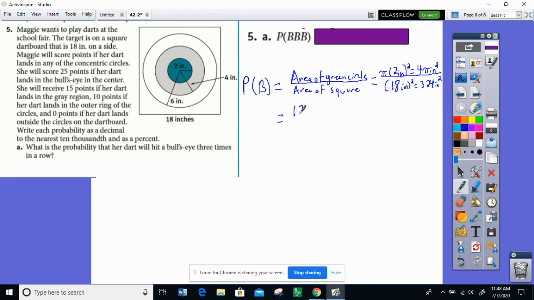So that's 12.56 over 324, which as a decimal comes out to be 0.0388.